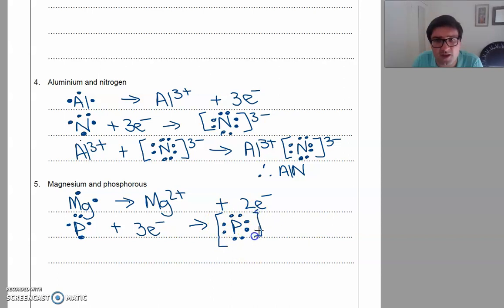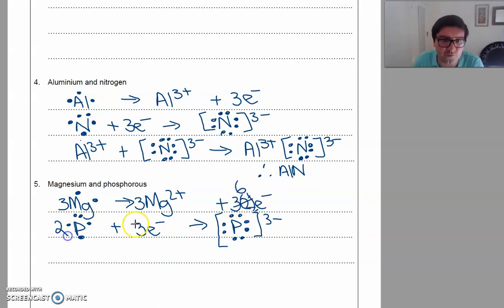There's our phosphide ion. Now remember what I said, you have to have equal amounts of electrons. If you multiply the 2 and the 3 with one another, it's 6. So we need 6 electrons, so we need 3 magnesium atoms forming 3 magnesium ions. So it's 3 times 2, which becomes 6 electrons.